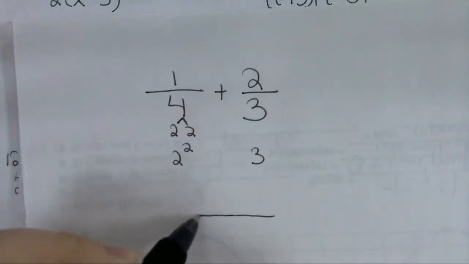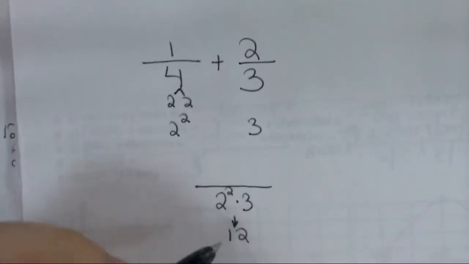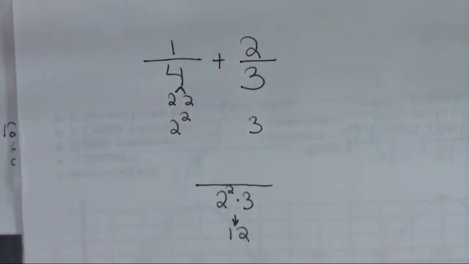So our common denominator would be 2 squared times 3, which we know to be 12. It's the same process, just a little bit different, and makes it a little easier if you're struggling to find a common denominator, or even if we're looking at the variables, it can be a little bit tricky if you're not looking at the smallest common denominator.